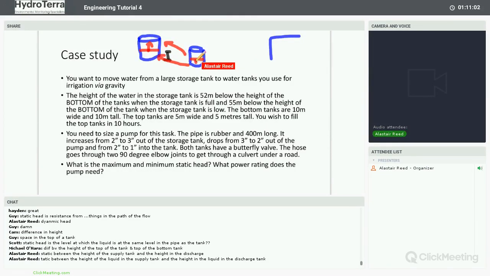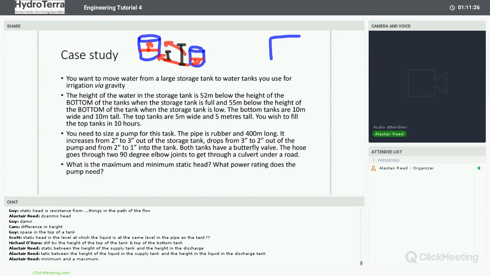As the height of the liquid increases in our discharge tank and drops in our supply tank, that static head will actually increase because the difference in height will increase. So when we talk about static head, we always have a minimum and a maximum.